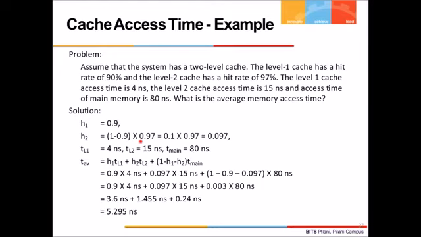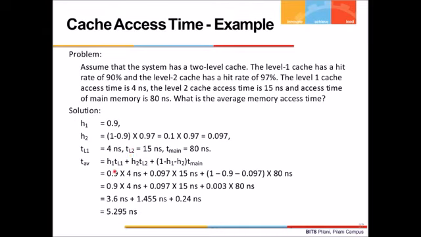So the effective hit ratio of L2 cache is the hit ratio of L2 cache when there is a miss in L1. That's why it is 1 minus 0.9 into 0.97, which comes to 0.097. So 0.097 is H2. Now TL1 is straightforward 4 nanoseconds, TL2 is 15 nanoseconds, T main is 80 nanoseconds.